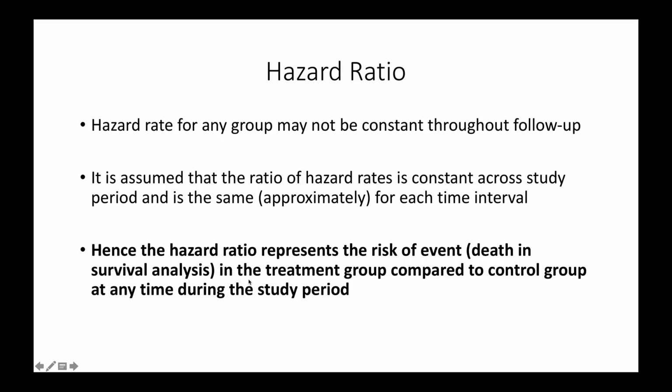And so, hence, the hazard ratio represents the risk of event in the treatment group compared to control group at any particular point in time during the study period. Again, the hazard ratio represents the risk of event in the treatment group compared to the risk of the event in the control group during any particular time in the study. So the instantaneous risk of event.